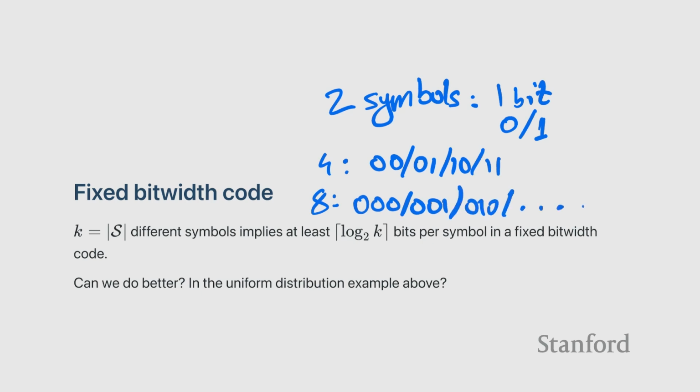What would I do if I had 3 symbols, let's say? How many bits do I need? Good. 2 bits. What are the 2 bits? Let's say it's just 1, 2, 3 that I'm trying to encode.